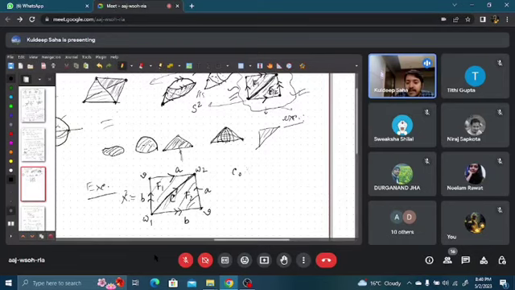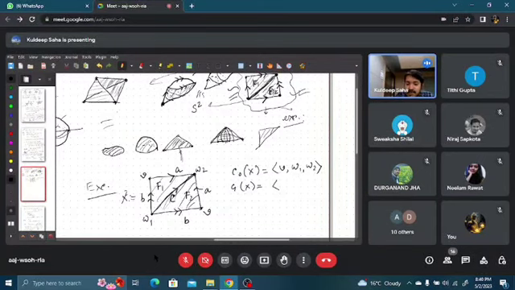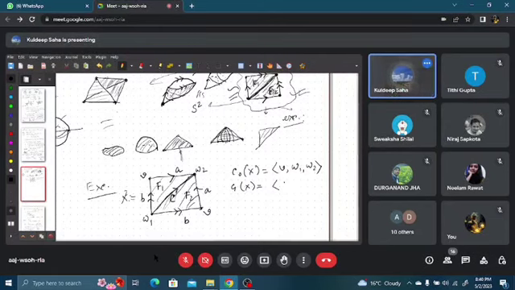Then from here, my C0 of X is V, W1, W2. I just want to give some information so that you can do the rest of it at home. The edges are A, B, and C, and C2 of X is generated by F1 and F2.